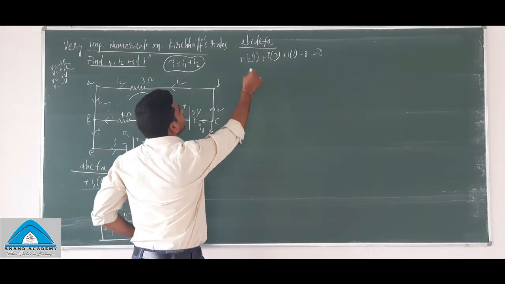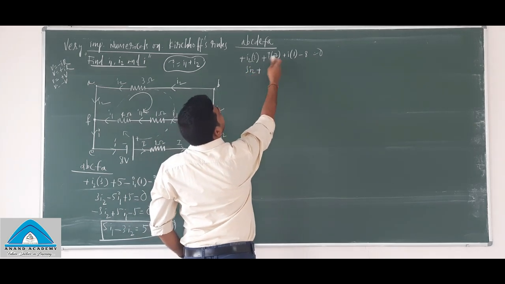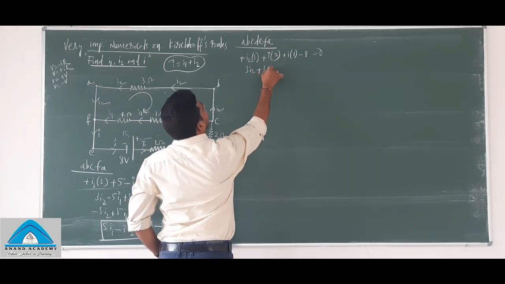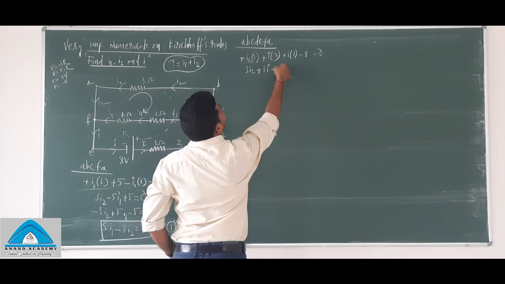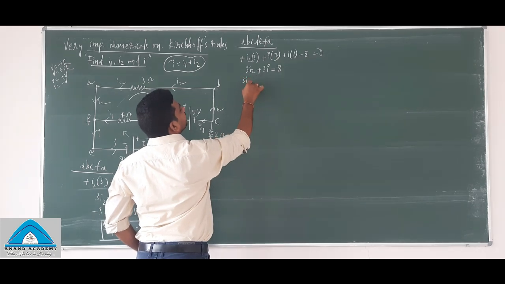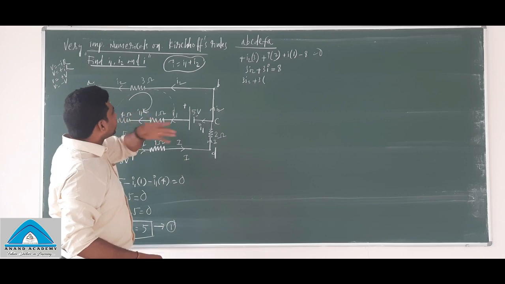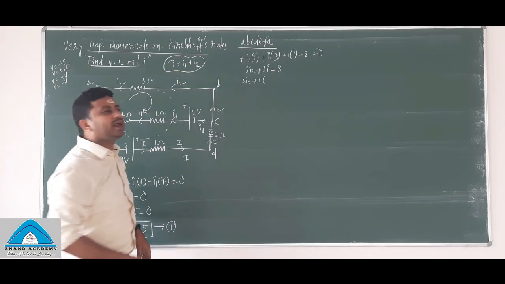Now here, what is this? It's 3I2 plus 2I plus I, it's 3I minus 8. I can write it to the other side, that will be plus 8. So this I can also write as 3I2 plus 3 into I, according to Kirchhoff's first rule. So what is your I value? Which is I1 plus I2.